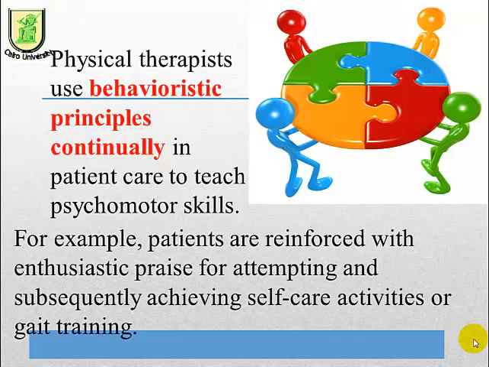Another example is computer-assisted instruction, which is based almost extensively on this learning theory. Students receive immediate feedback contingent on the accuracy of their responses. Clearly, many psychomotor skills and specific facts that need to be memorized are successfully taught using behavioristic principles.